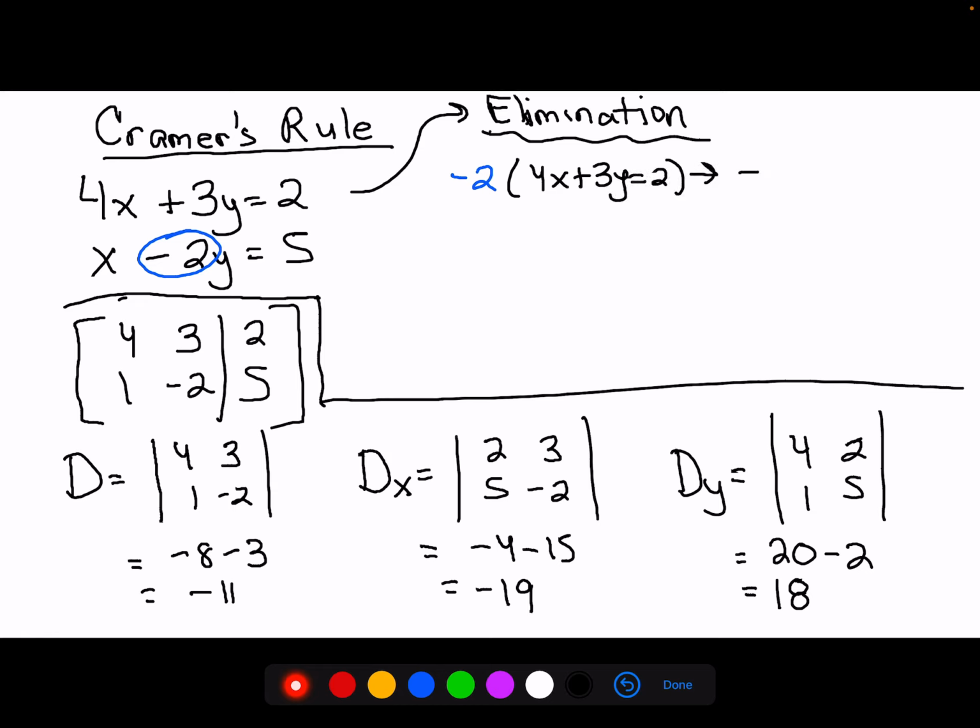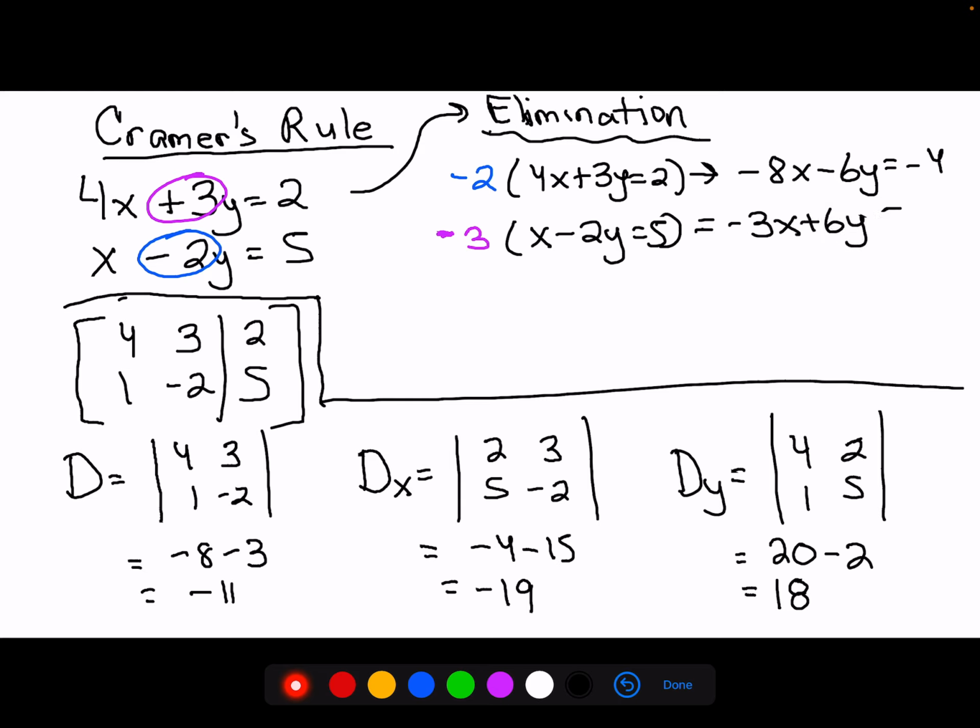So you end up with negative 8x minus 6y equals negative 4. And let's say we take the second equation and multiply by the coefficient in front of y on the first equation, but the negation of that, sorry. I'm supposed to use the negation in this case. So we got negative 3x plus 6y equals negative 15.